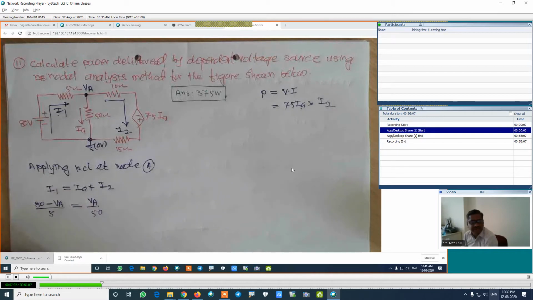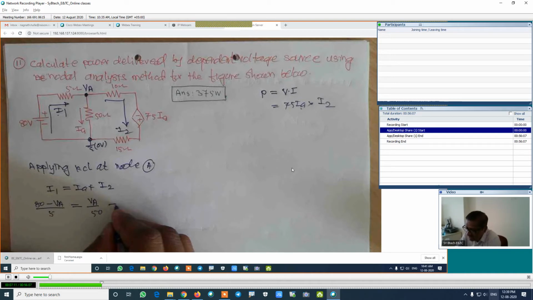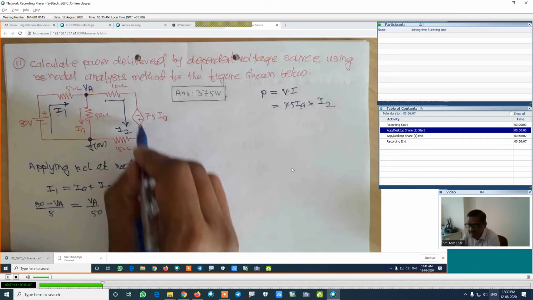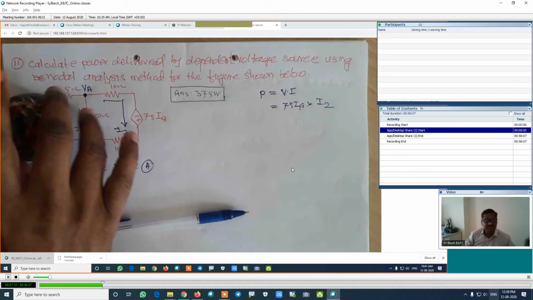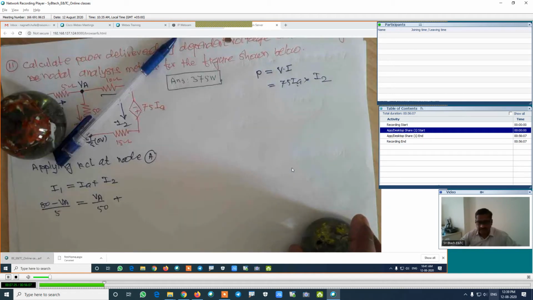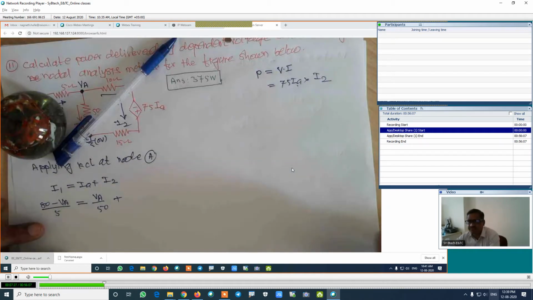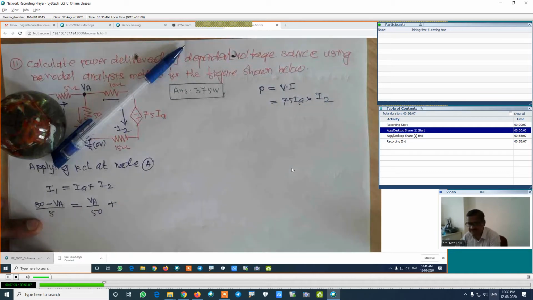Plus I2, the current in this particular branch, whose value we will now find out.